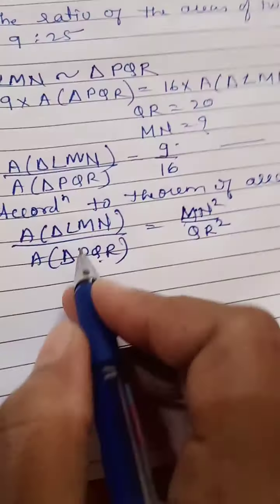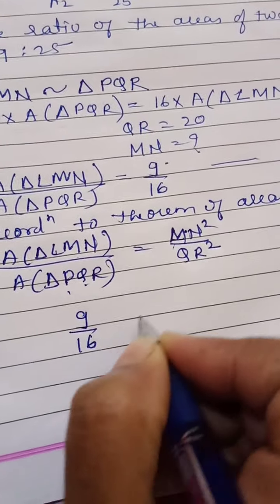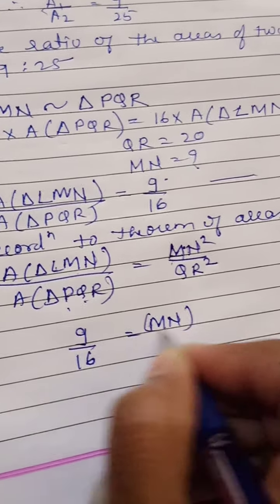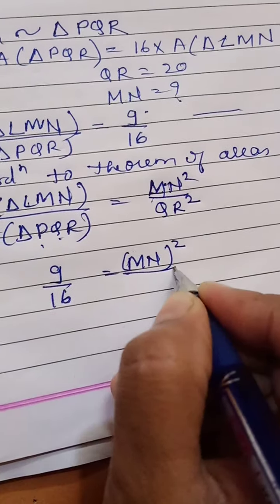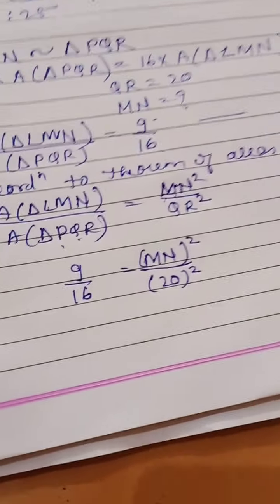Now the areas ratio is given as 9 upon 16, and MN we have to find, so we keep it as it is: MN square upon QR, which is given as 20, so 20 square.